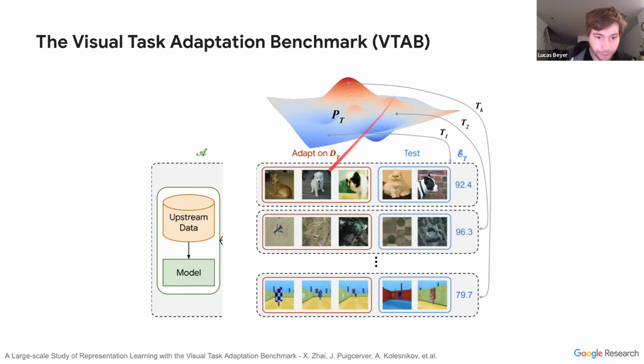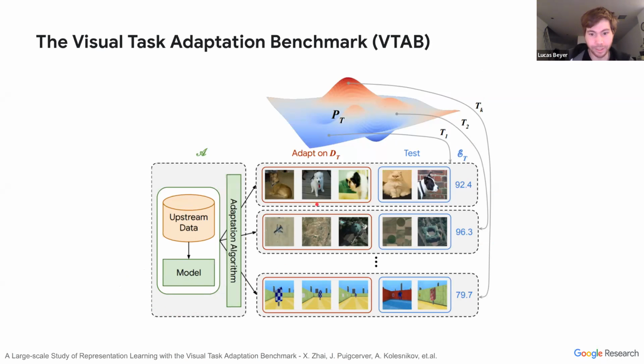In this benchmark, we allow you to train a model on any upstream data, any data that you want. Think of pre-training. We provide a set of very diverse tasks, some of which you have seen just now, a total of 19 of them, for which you have very few examples that you can adapt your model on, and then it is tested on the held-out examples of these.